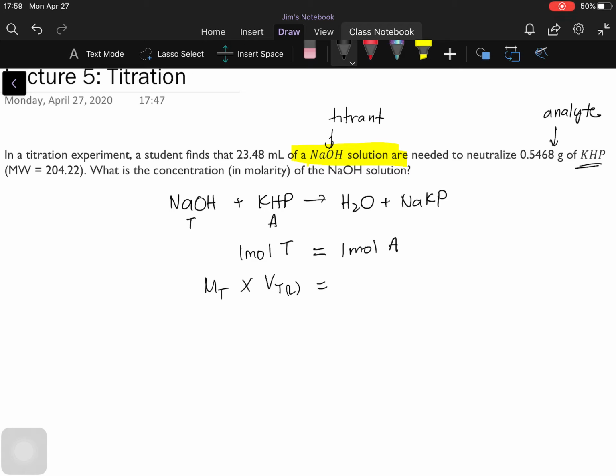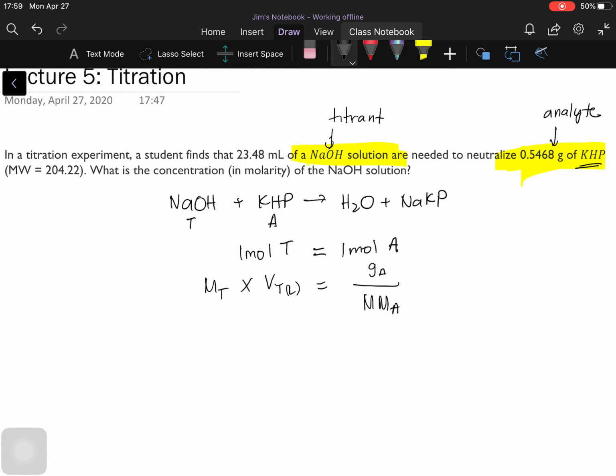For the analyte, you can observe that it is expressed in grams. To get the number of moles of your analyte, all you have to do is take the grams of your analyte and divide it by the molar mass of your analyte.